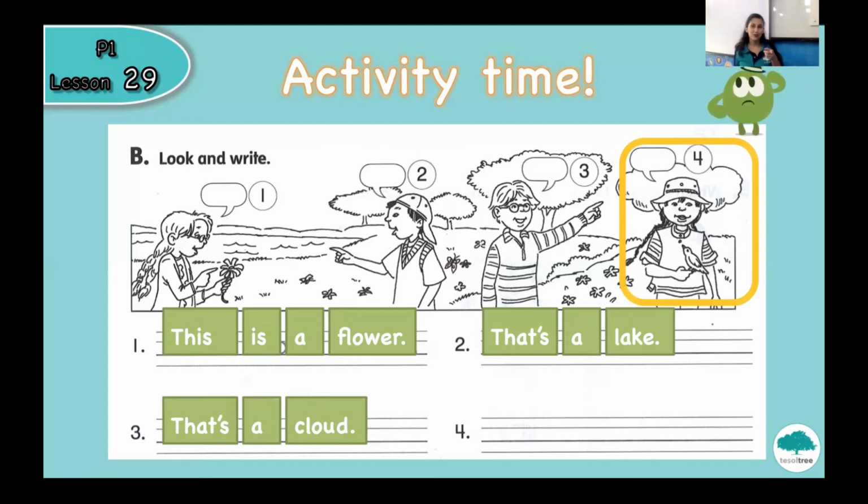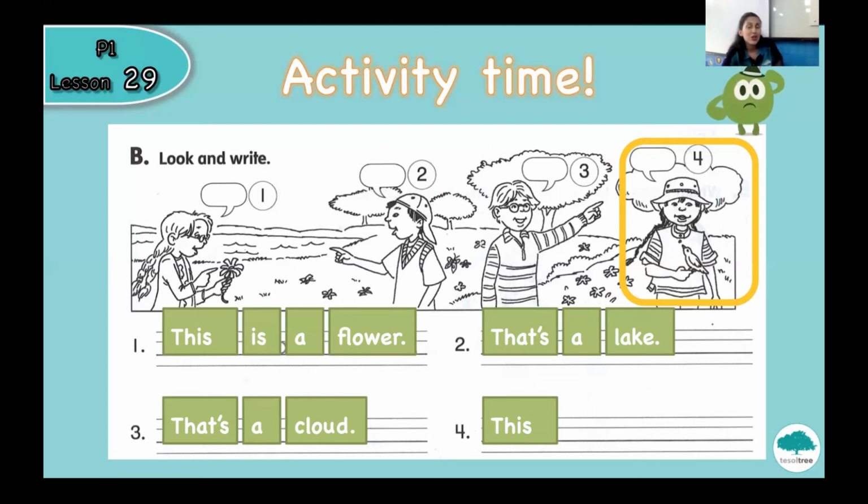And the girl and the bird are very close to each other. Do you remember, P1? What should we use at the beginning? This or that? Yeah, we have to use this, right? Because the girl and the bird are very close to each other.